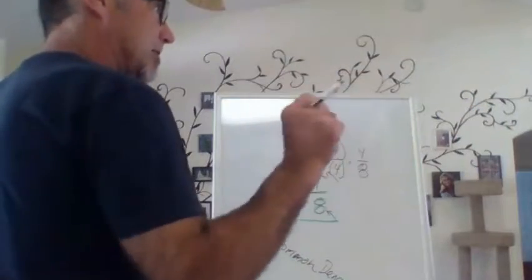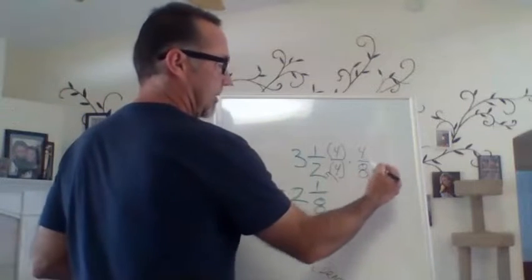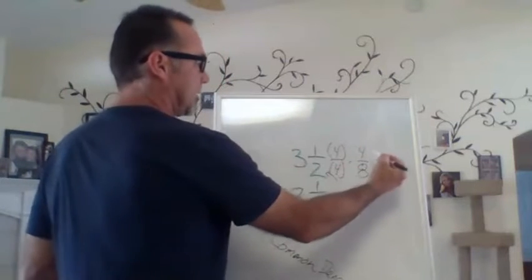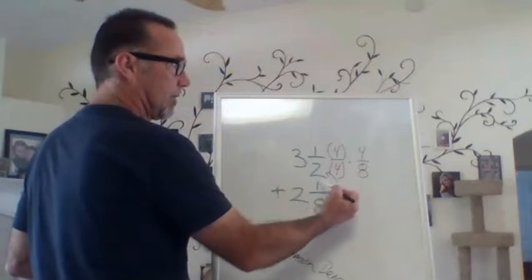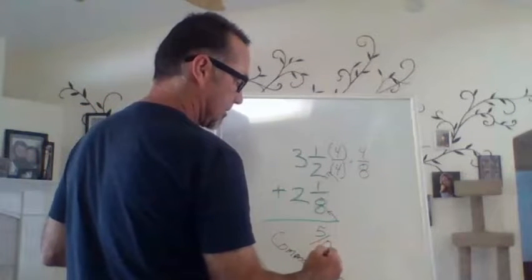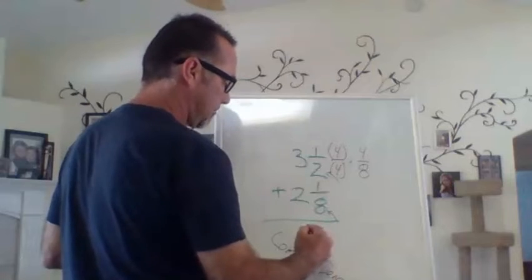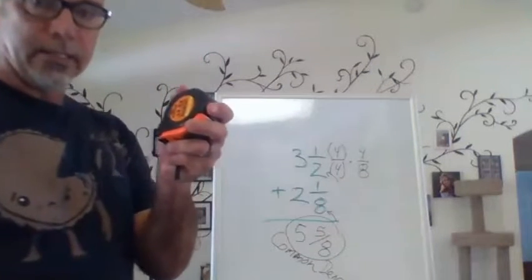We can also make them in tinier slices by making them 16ths, or even tinier than that, but we don't typically do that, depending on how accurate we have to be in our measuring. So now we can add these. We have both the same denominator, so it's 4/8 plus 1/8 is 5/8. We don't want to forget our whole number. So that would be those two fractions added together using this device.